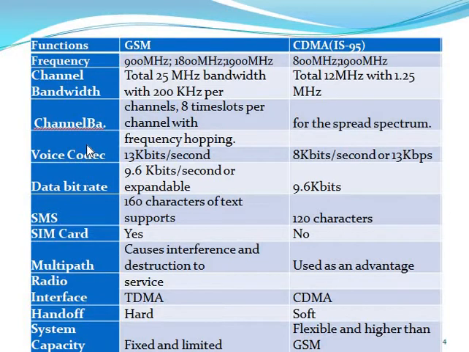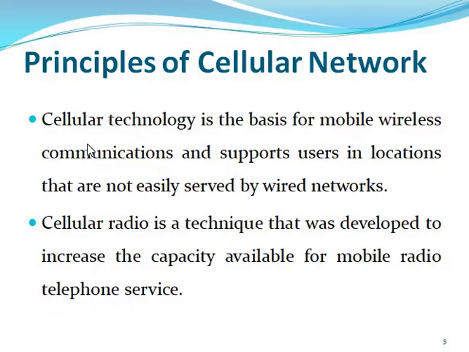Now we are discussing the network topic of the principles of cellular networks. Cellular technology is the basis for mobile wireless communication and supports users in locations that are not easy to serve by wired networks.